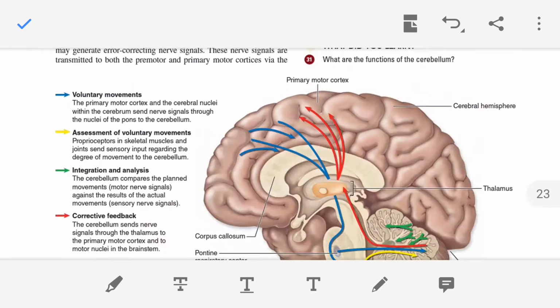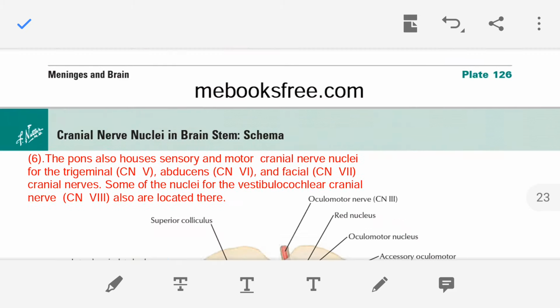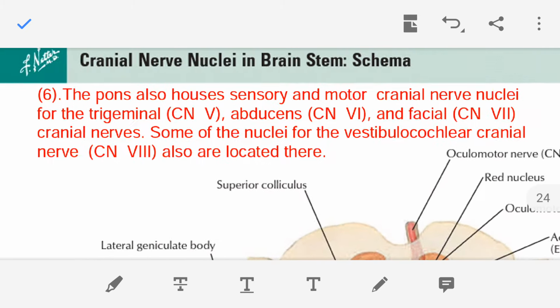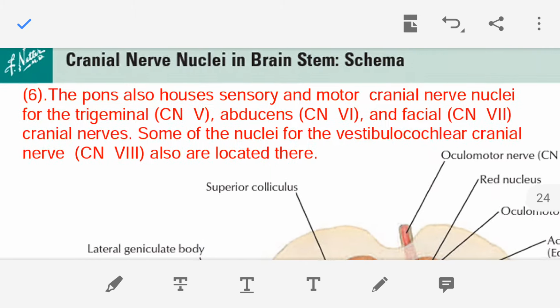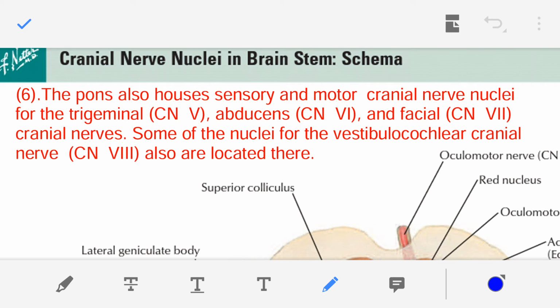Now, the final point of our discussion. In the pons, some nuclei are present. Okay, and as you can see, the pons also houses sensory and motor cranial nerve nuclei, and these nuclei are related to cranial nerves.